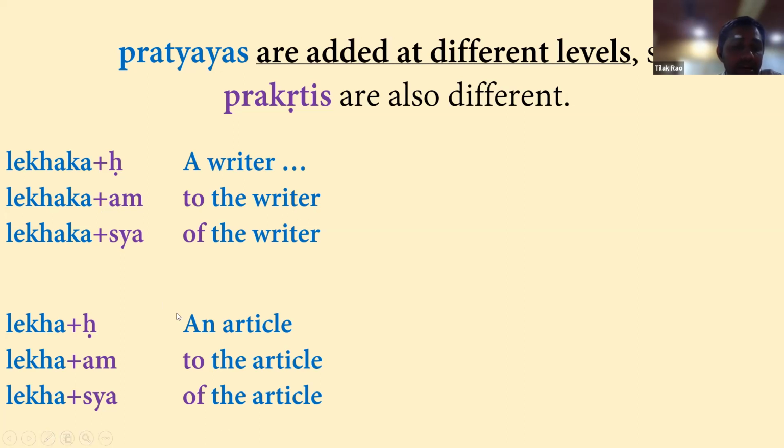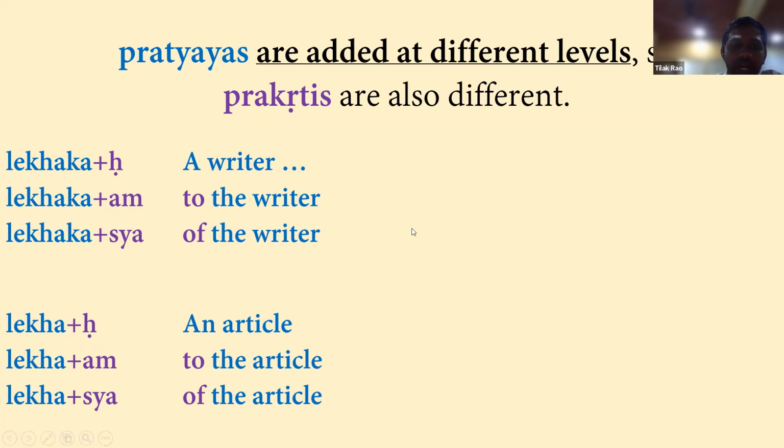And in lekhaha, lekham, lekhasya, again the same pratyayas are there. So in this example, these are pratyayas and lekhaka is prakriti. In the second example, again these are pratyayas and lekha is prakriti.